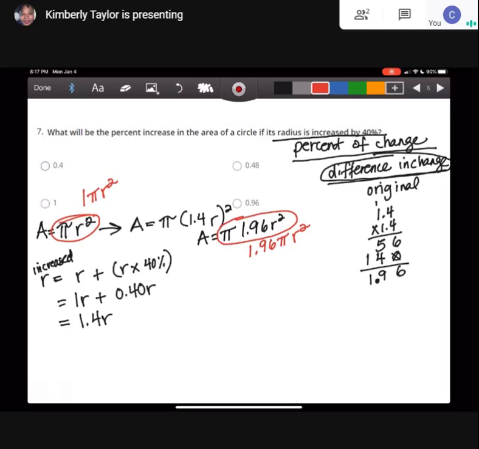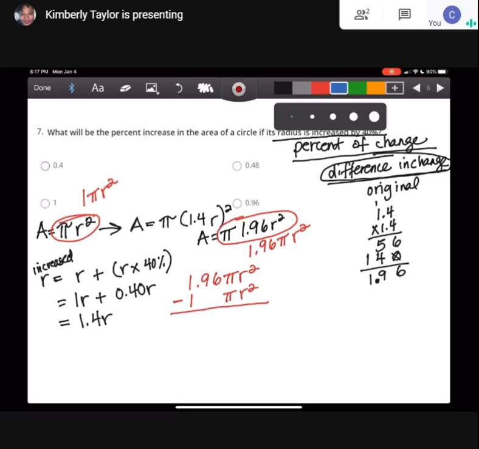And this is how it would look: 1.96 pi r squared minus 1 pi r squared. And I did this on purpose just so you can see this is what I'm subtracting. So you could put their 0.00 here, but that's all you're doing if you're just subtracting this, okay? So this would be my difference in change. That's the first part of your fraction, or your numerator of your fraction. Difference in change, okay? So it would be 0.96.